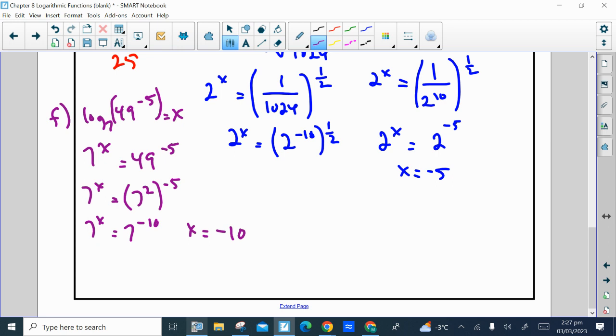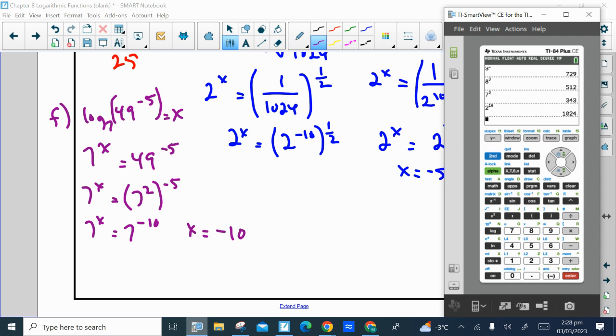Now, you can use your calculator to check all of these. I'm not going to check them all, but if you look at question F, if you want to know what that equals, either you use the change of base identity, or if you have this newer operating system, you can do it right in there. Log base 7 of 49 to the power negative 5 equals negative 10. That's what we got. You could do the same thing with the change of base identity.